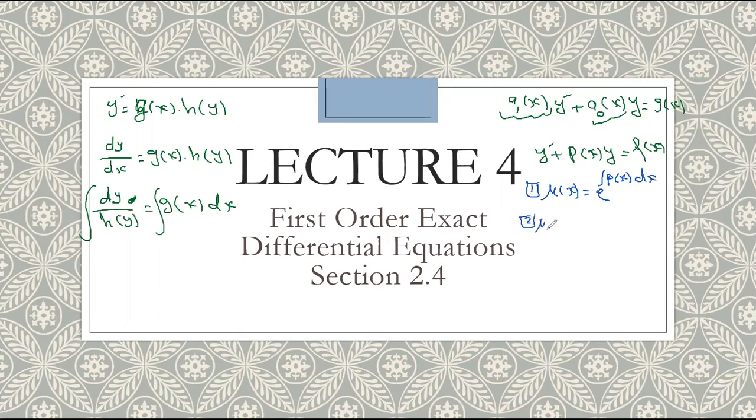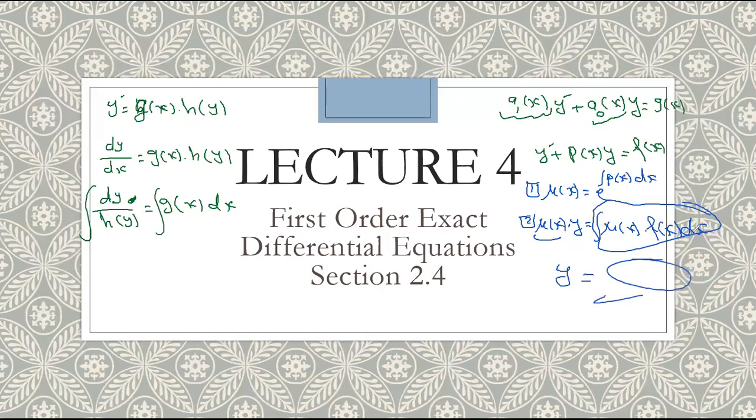Mu(x) times y equals the integration of mu(x) times f of x dx. And now by finding this integral, then dividing by mu(x), you will get y equal something. This is the solution. Thank you very much, Ahmed. Those two steps help me to find the solution of the first order linear equation. All these things we studied in the previous lectures.